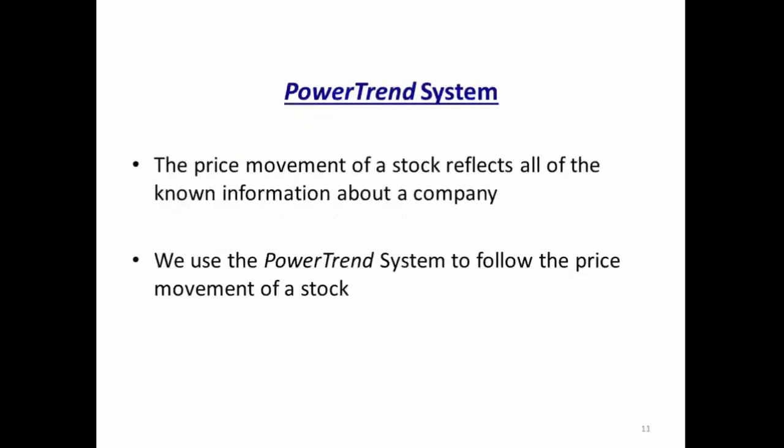Now, the price movement of a stock reflects all of the known information about a company. So we like to use the PowerTrend system to follow the price movement of a stock. We quantitatively measure it, and then we're able to follow the price movement of a stock, which reflects all the known information about a company.